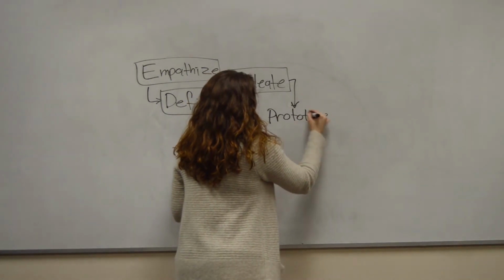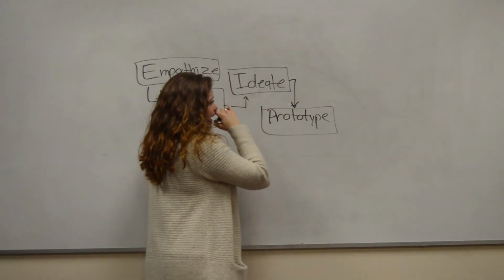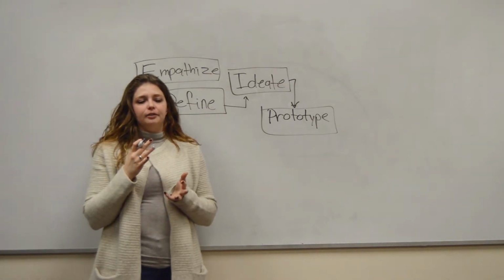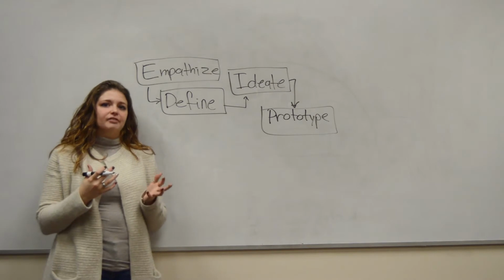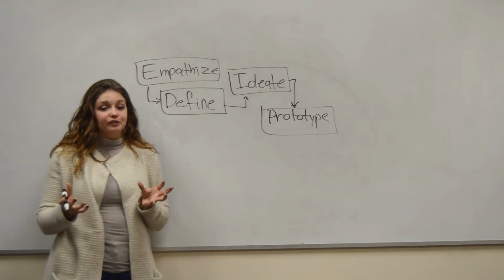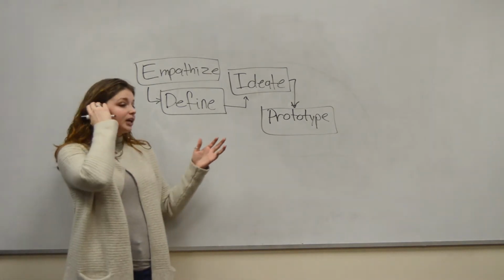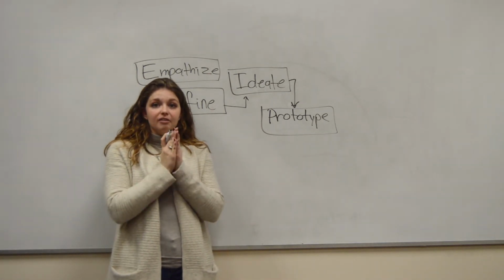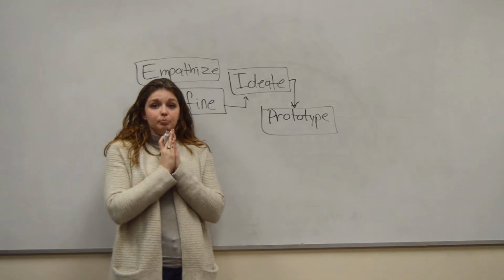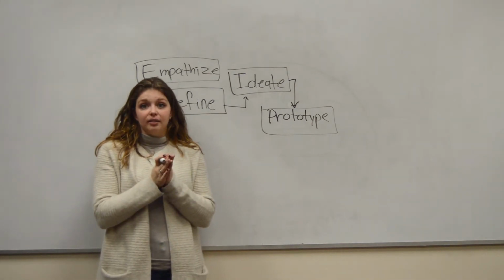Now normally you would think of the word prototype as having to do with a basic version of a product. But if you're not creating a product, it doesn't have to necessarily be a basic version of a product. If you're creating a process or an experience, you take a piece of that experience and you make a physical thing, a prototype that someone can interact with.